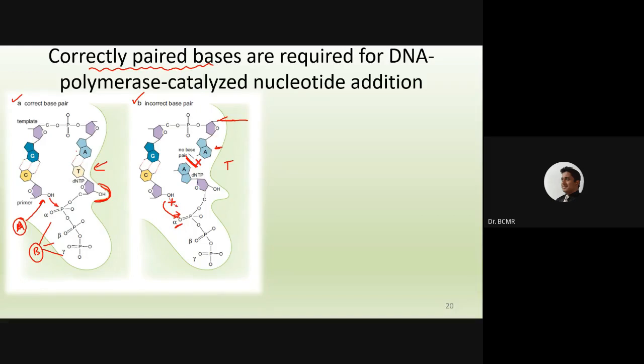That kind of spatial constraint would occur if the base pairing is not proper. So the checking of whether the base pairing is correct is rather easy, because if it is not proper, further reactions would not occur because of the spatial organization.